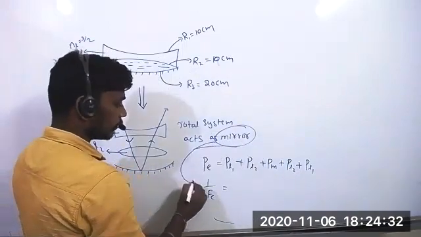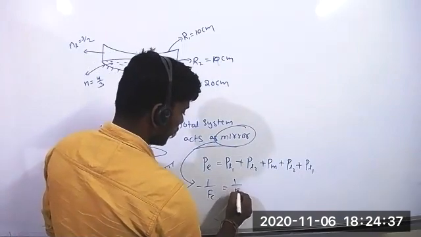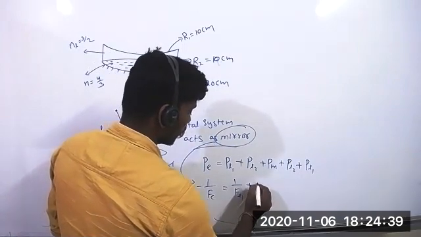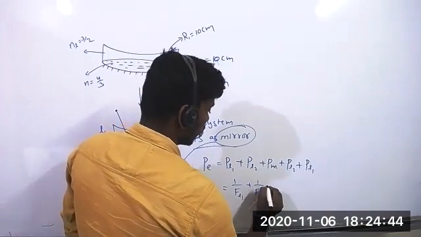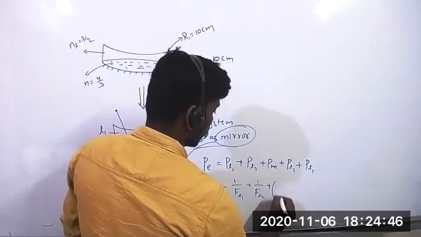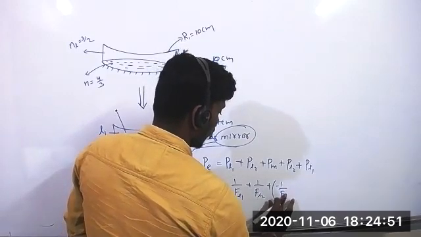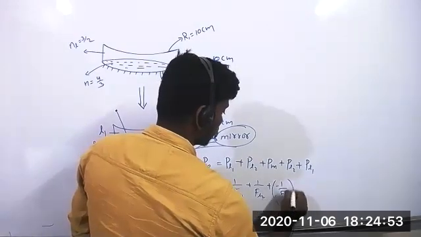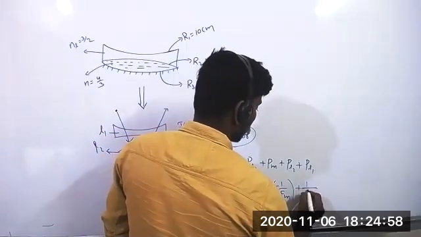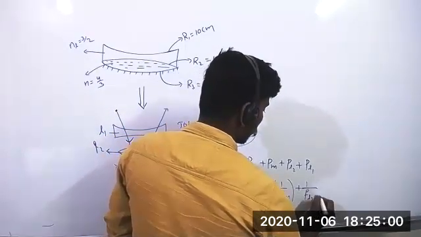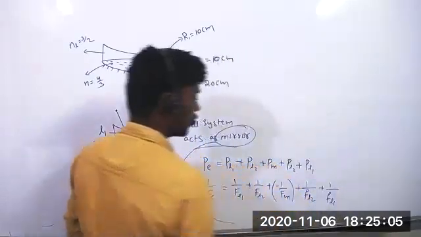So mirror power: 1 by FL1 plus 1 by FL2 plus minus 1 by FM plus 1 by FL2 plus 1 by FL1. Understand clearly?